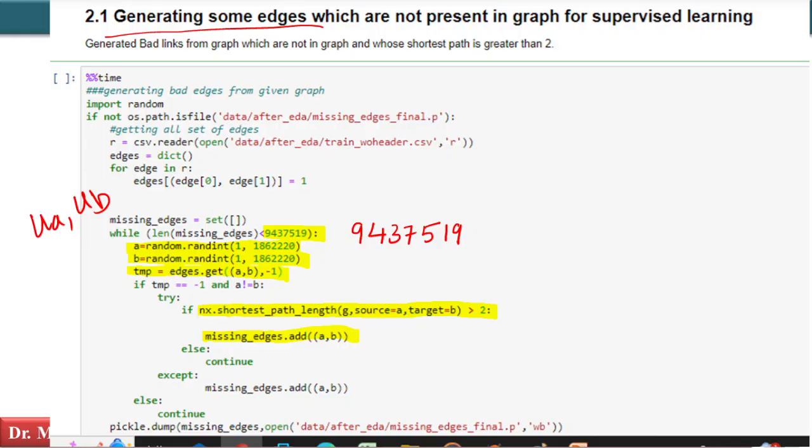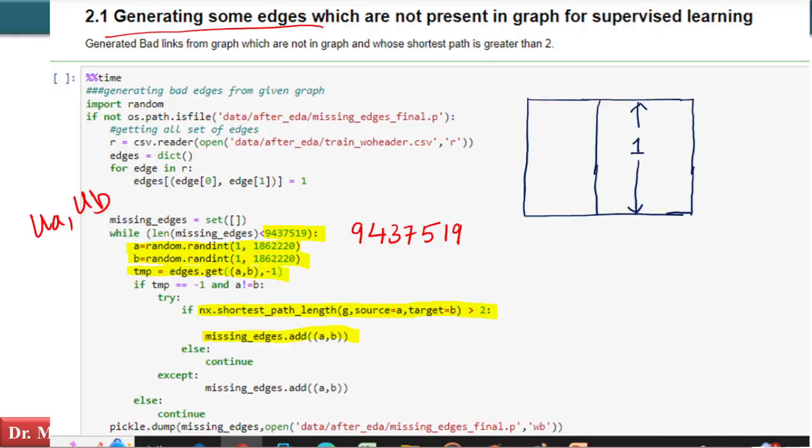Again, the summary is I have my original data set with one label. This whole data came from train.csv.